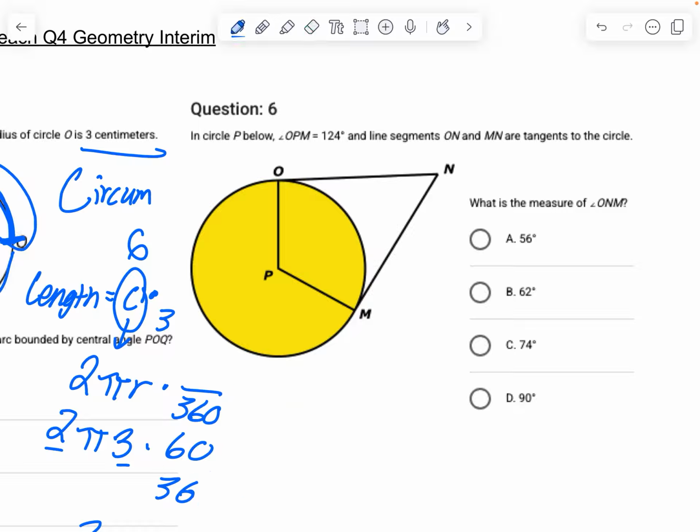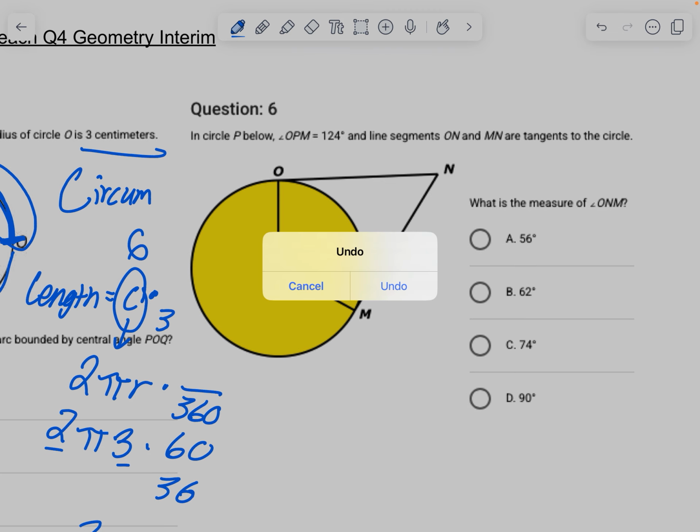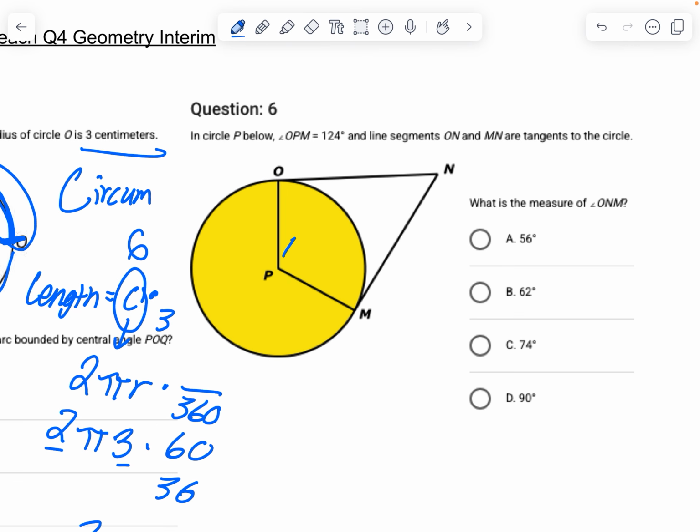So it says, in a circle we have a circle C, P, meaning that P is my center point. We have the angle OPM as 124 degrees. So let's write that, give us something that's not in our diagram. So let's just write 124 degrees, okay?